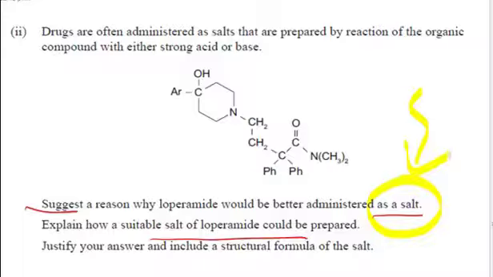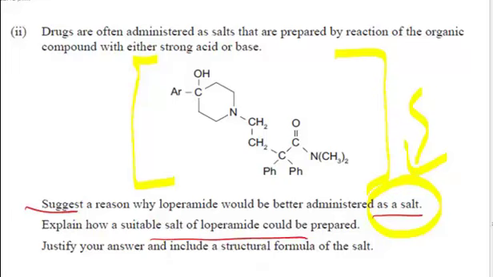So then the second part is, how do we actually make this into a salt? Now, as obvious as it sounds, acid plus base gives salt plus water. If we look at the structure, we're considering what groups we have here that we could somehow create a charge on, and therefore turn it into a salt.